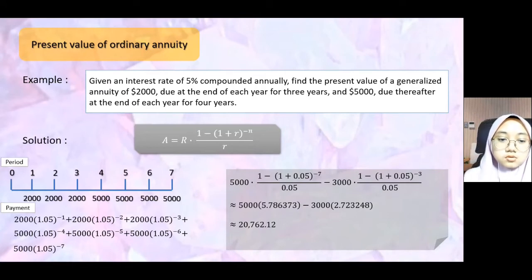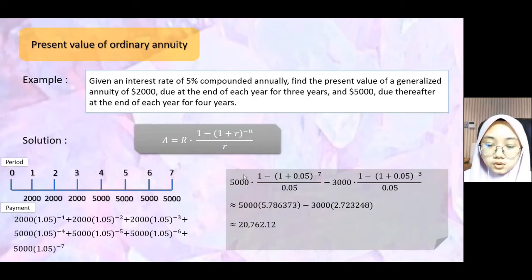To simplify the calculations, we will consider that $5,000 occurs at every period up to 7 years.